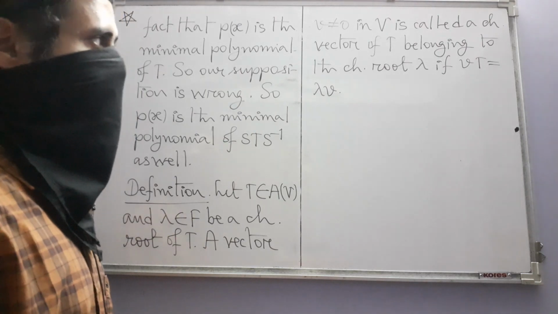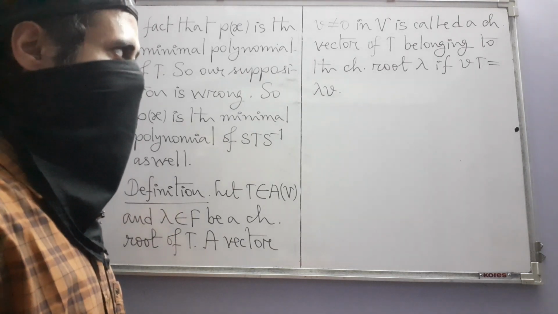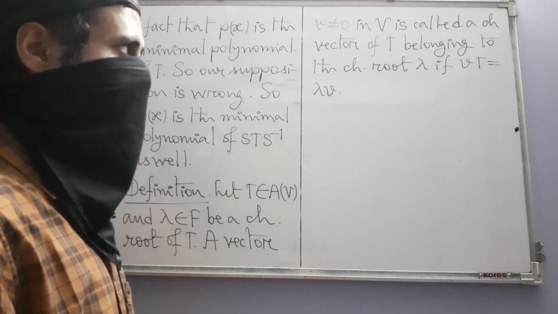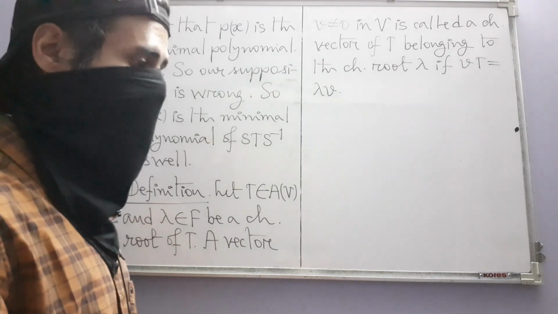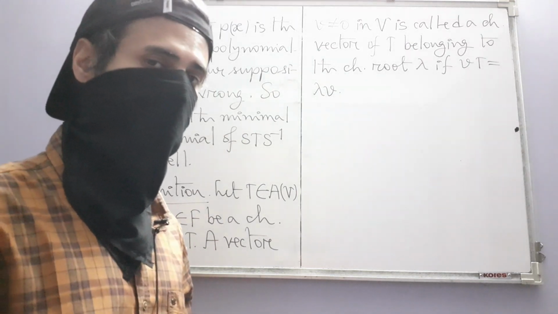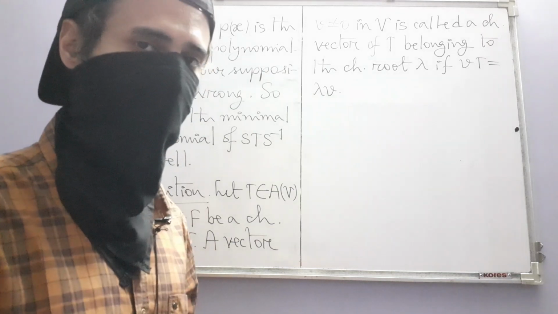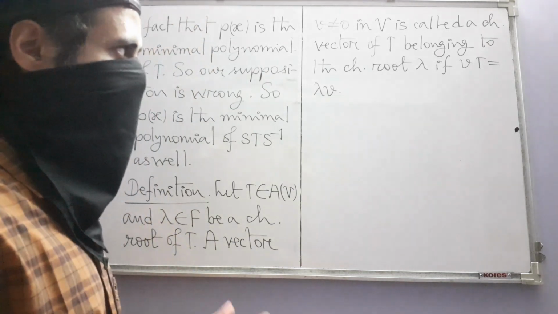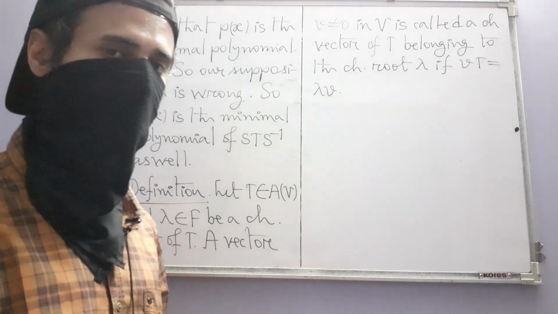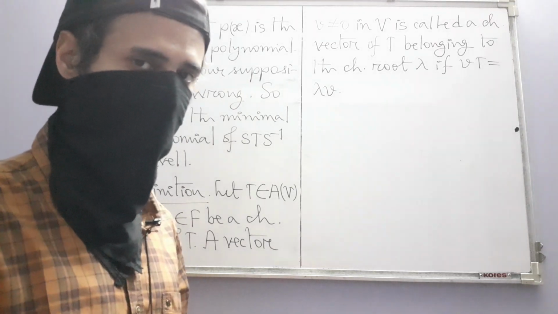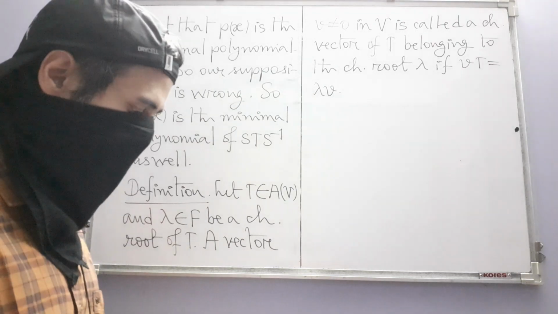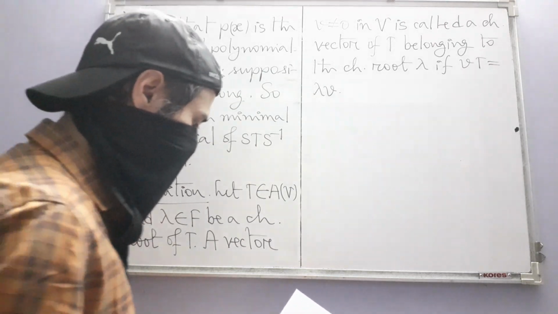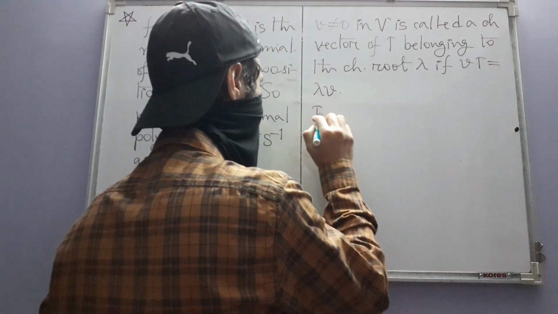And now we are going to ask what possible relation can we have among characteristic vectors belonging to different characteristic roots for the same operator T. We will see that such characteristic vectors form a linearly independent set. So that is our next result. It is a theorem.